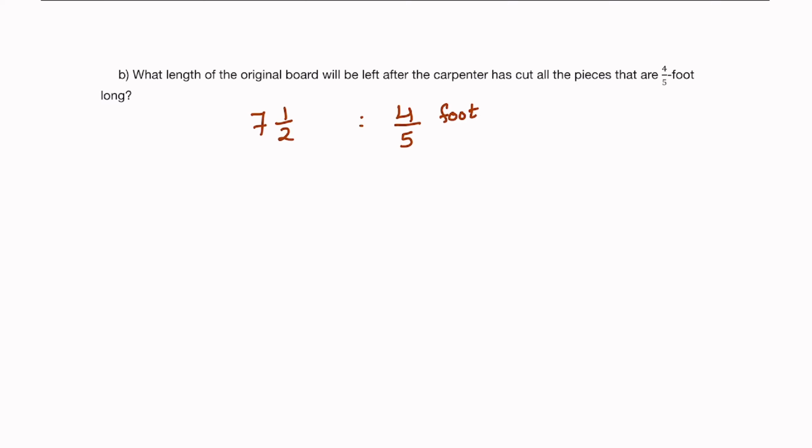Now in that case, these are the whole pieces. That's what we counted for our part A question. And now this is what's left. That's not whole, it's just half, right? It's half. But half of what? Of the total? No, half of this measurement, because that's what he was trying to make each one, right?